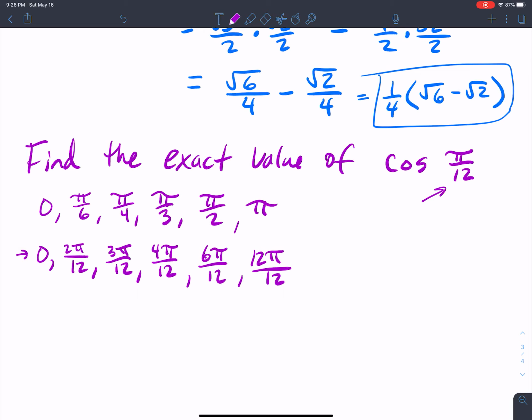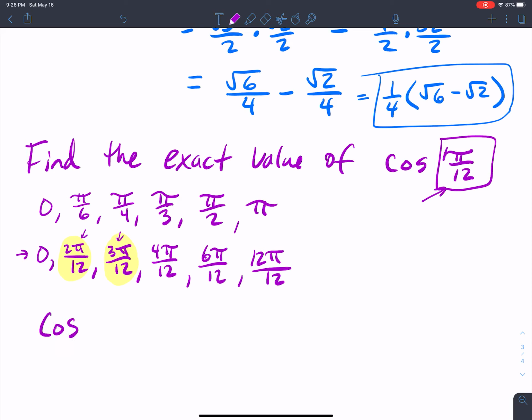Okay? Is there any way that I can combine to just get 1/12? Well, I have a 2/12 and a 3/12, so I'm not going to be able to add to get 1/12, but I can subtract. Okay? So there is a way to subtract. So what I can do is I can subtract these two together, and that's going to get me a value of 1/12. So let's do that.